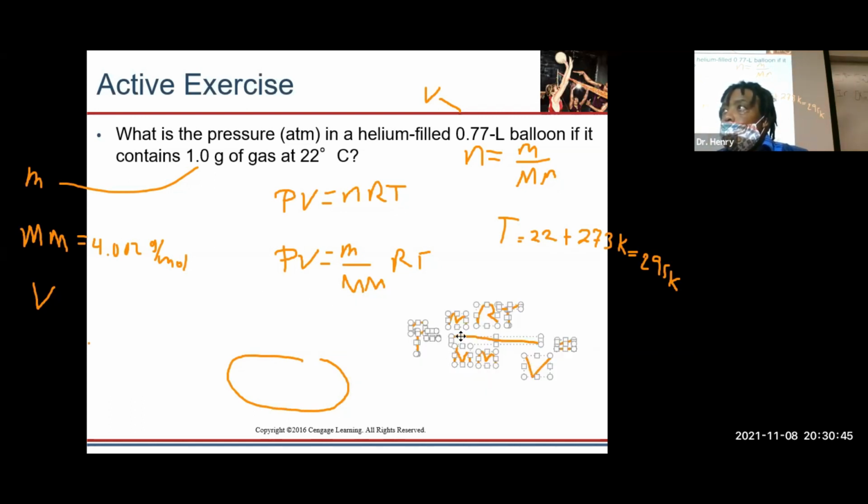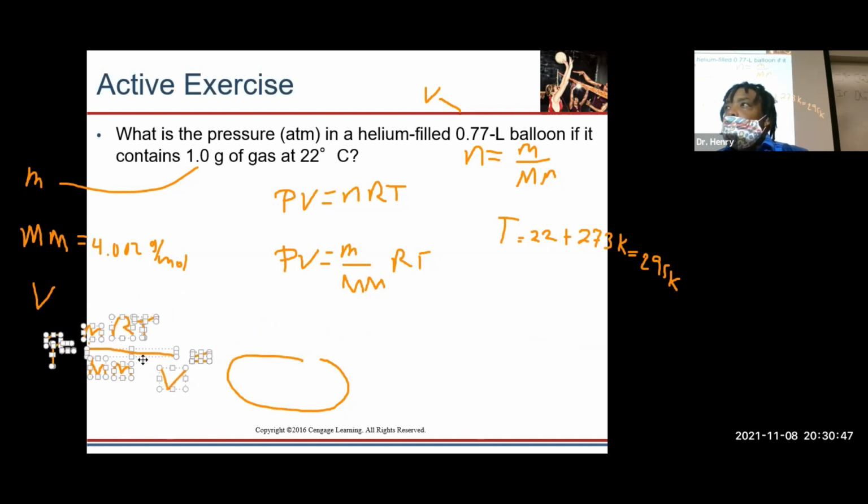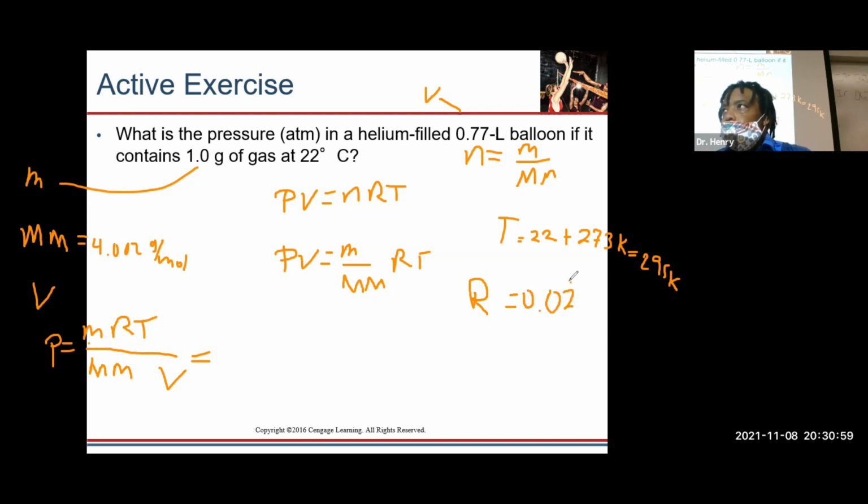So we know what R is. R equals 0.0821 atm liters per mole Kelvin.